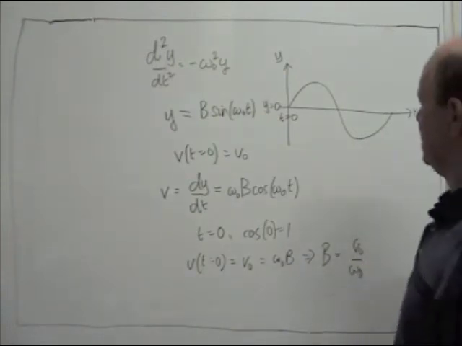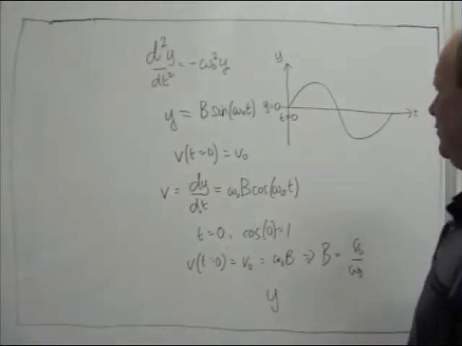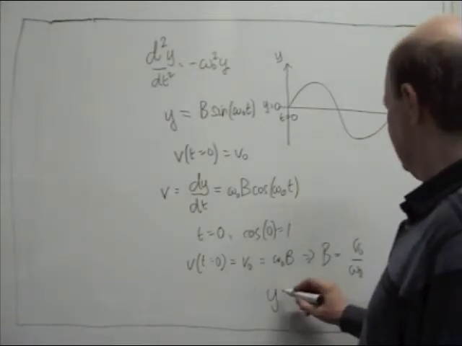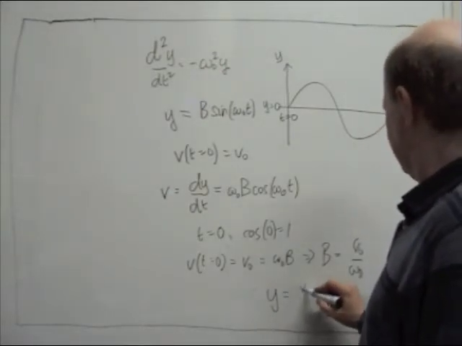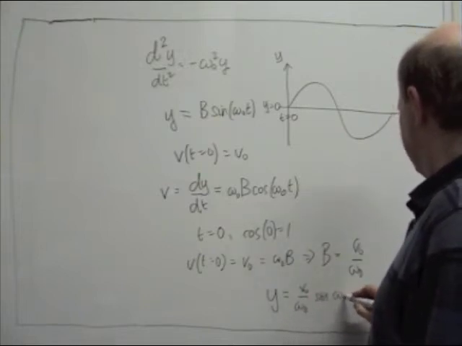So actually the solution for the oscillator given an initial velocity v naught by being kicked but having no initial displacement is y equals v naught over omega naught sine of omega naught t.